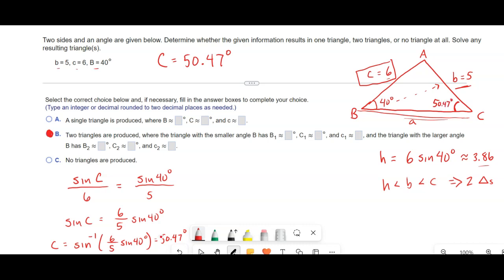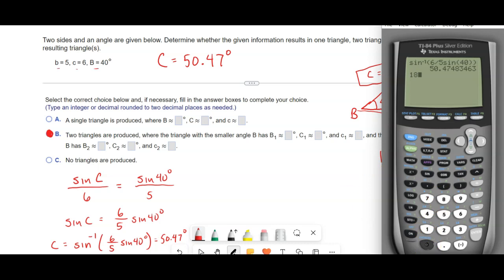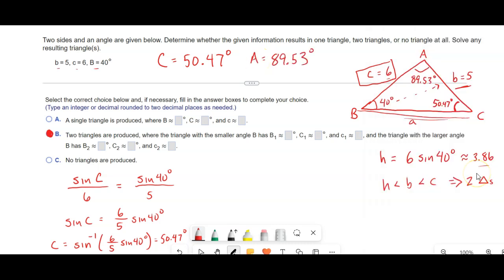In that case, angle A, I could from the 180 rule, 180 minus 40 that was given, minus the angle we just found, 50.47, we get 89.53 for angle A. All right, and now we just set up the law of sines to find the only thing we don't know yet, which is side length A down here.